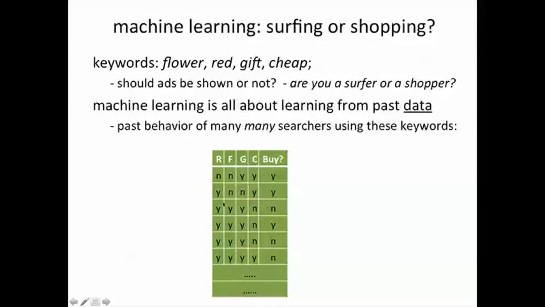On the other hand, somebody who used the terms red and cheap but did buy something. And at the same time, there may be people using exactly the same combination, such as red, flower, gift, but they bought something, whereas in this case they didn't buy anything. So you have all this data from which you want to learn whether or not you should put an ad given the fact that somebody is searching with some combination of these 4 keywords.